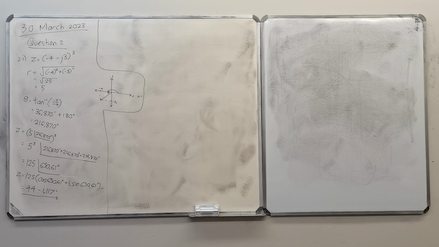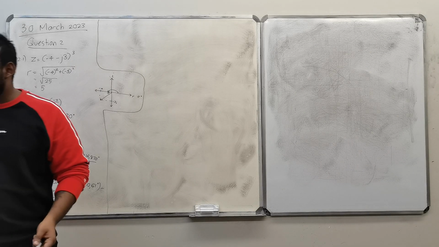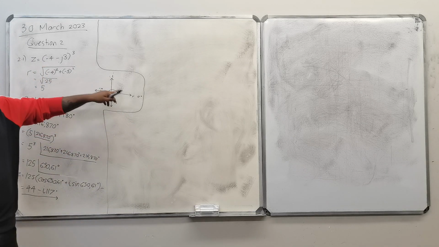No, see what they had: 4 over 3, not 3 over 4. Yeah, it doesn't make sense. If you look at where it's found, and they're even saying over here that tan of y, your y-axis is your imaginary part. So how can you take -4, because -4 is your real part, and on a complex numbers graph, your real part is your x-axis.